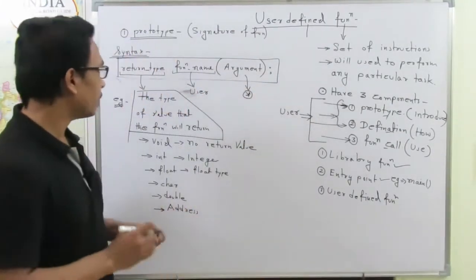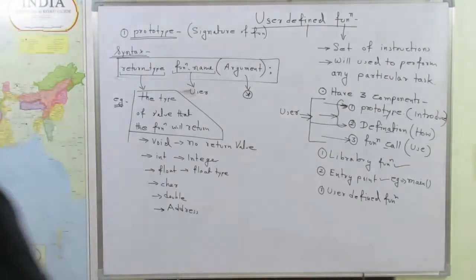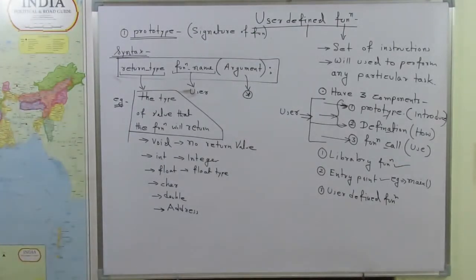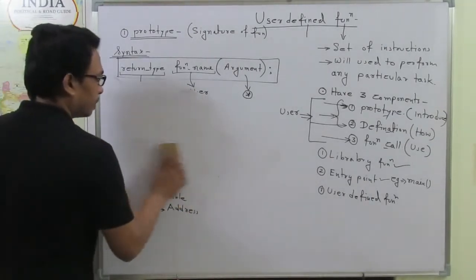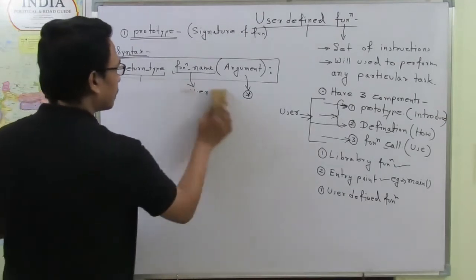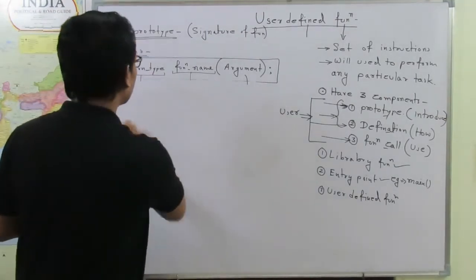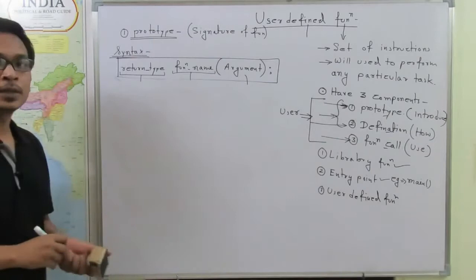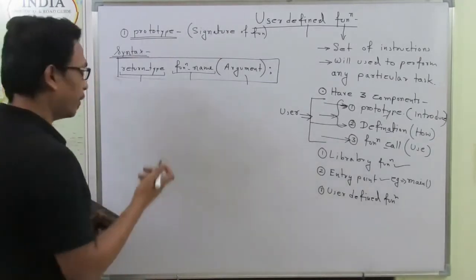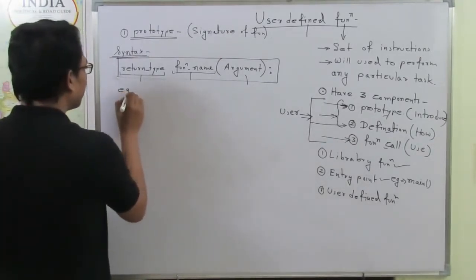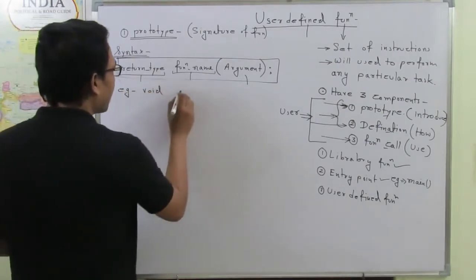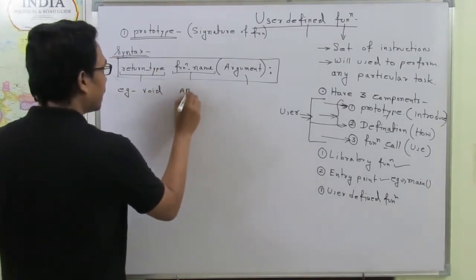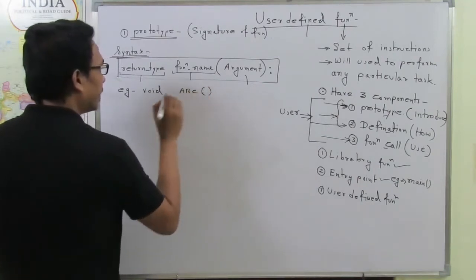Now let's take an example of a function. Example: first one is void, then let's say the function name we give is abc, and then parenthesis.